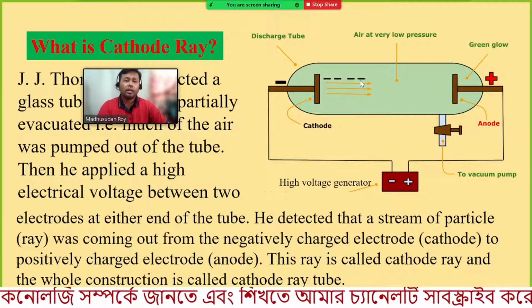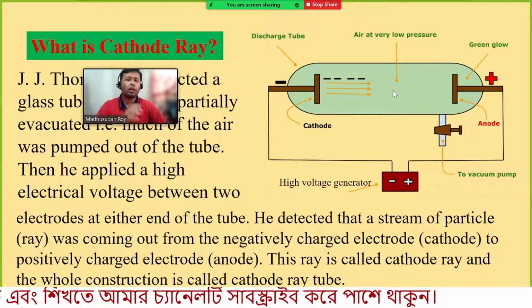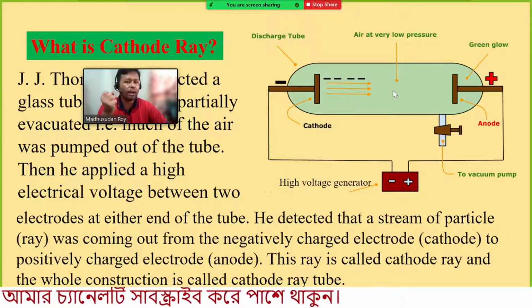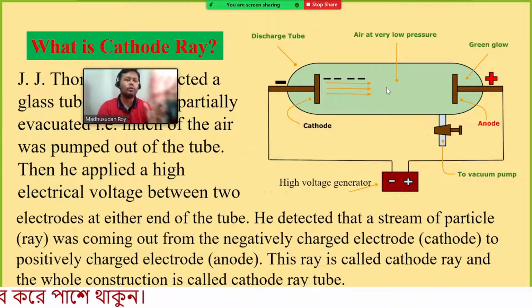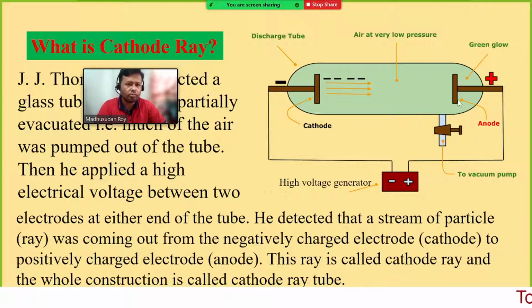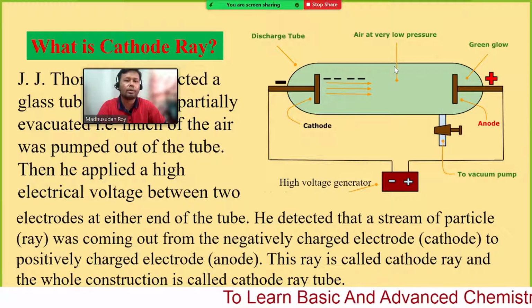Now if you apply a certain voltage or place an obstacle here, you want to prevent or deflect the path of this ray. Maybe here you can apply some negative voltage and here some positive voltage, with electrodes like a cathode and an anode, and apply another voltage.